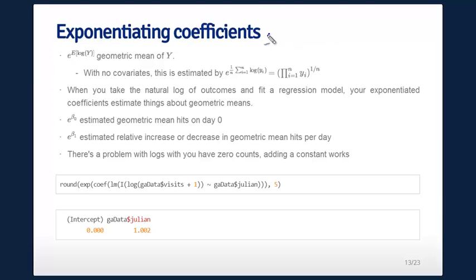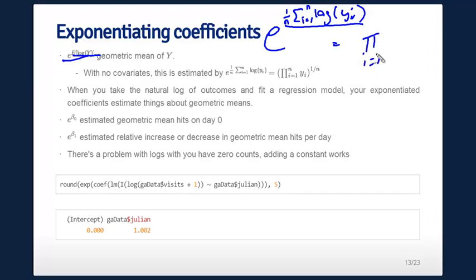So we would clearly just use e to the 1 over n summation i equals 1 to n log yi. Clearly, if we wanted to estimate that guy, we would just plug in that for that expected value that we don't know. It turns out that this is equal to the product i equals 1 to n of yi raised to the 1 over n power.